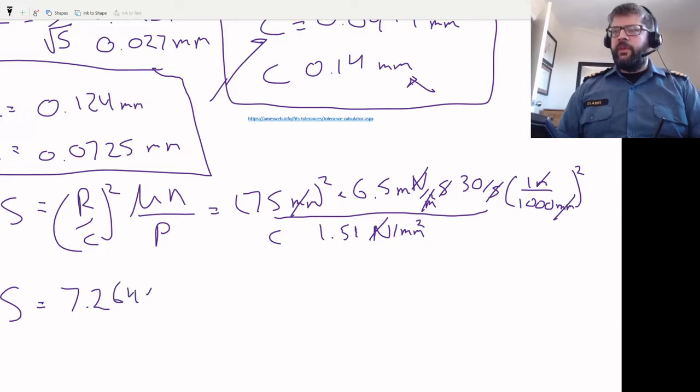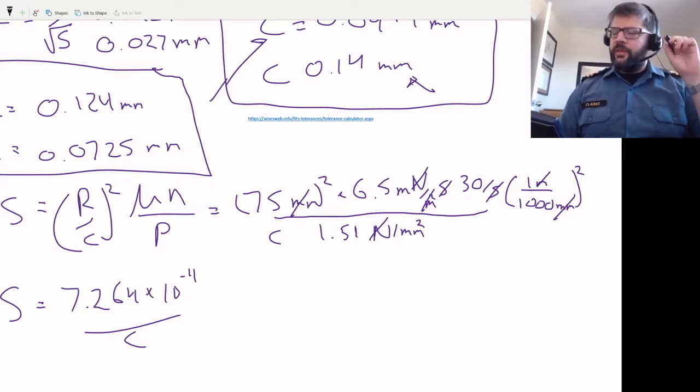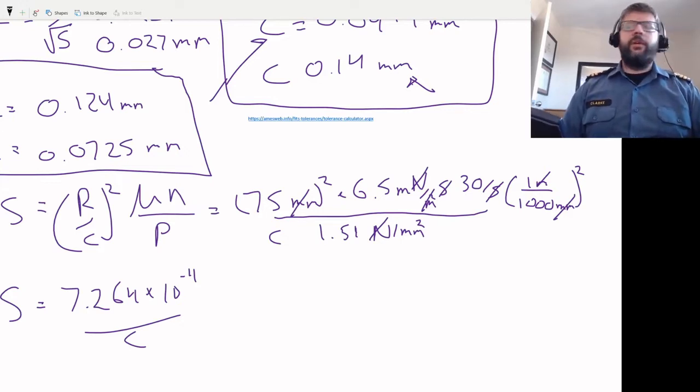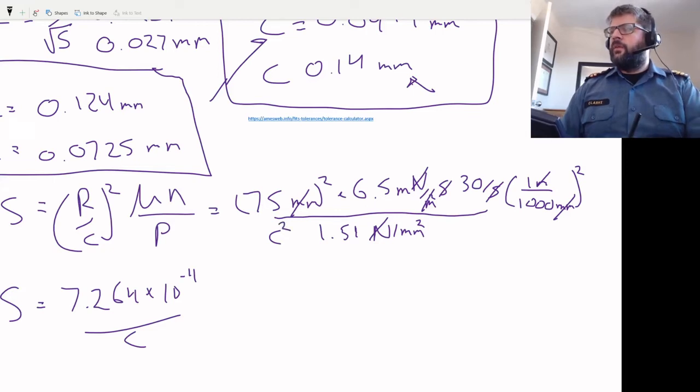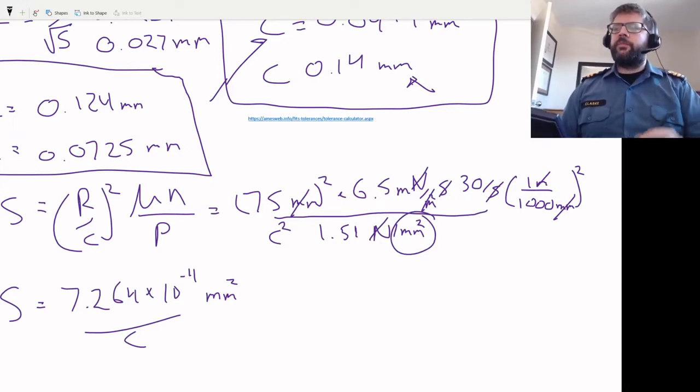That gives us an S equal to 7.264 times 10 to the negative 4 per C squared. I need to not forget the squared value there. And per C squared, millimeter squared, unit-wise, because this millimeter squared ends up on the top there when we divide it out.